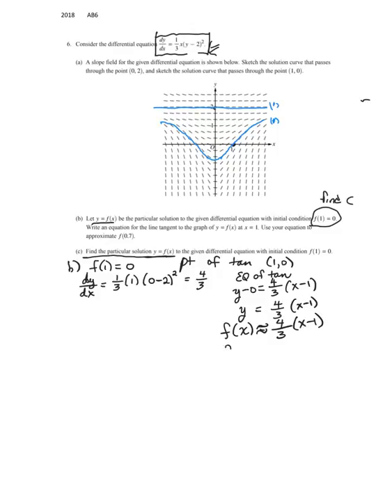So our approximation at 0.7 would be 4/3 times 0.7 minus 1. That's 4/3 times negative 0.3. So that's 4/3 times negative 3/10.